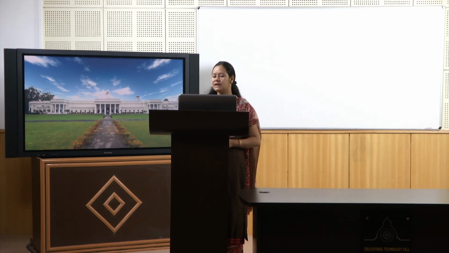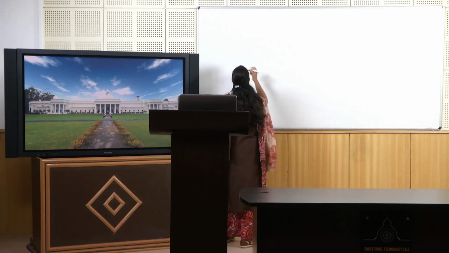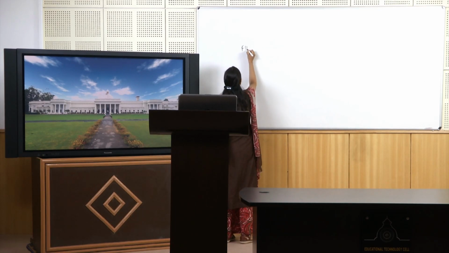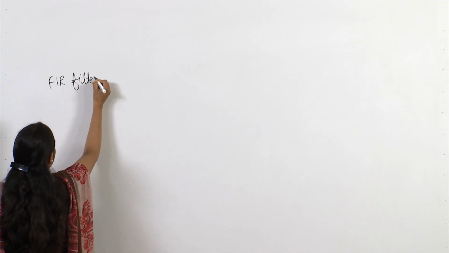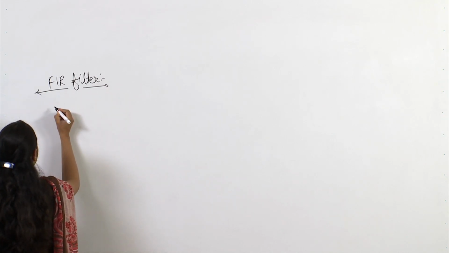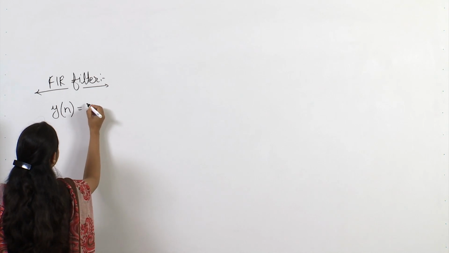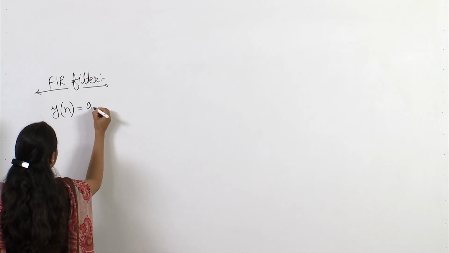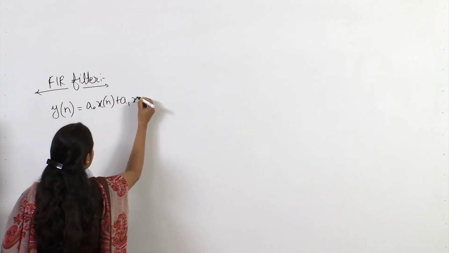Now, assumption was that the memory is linear. What does it mean? Our FIR filter actually is given as y[n] is a function of x[n] and its previous values.